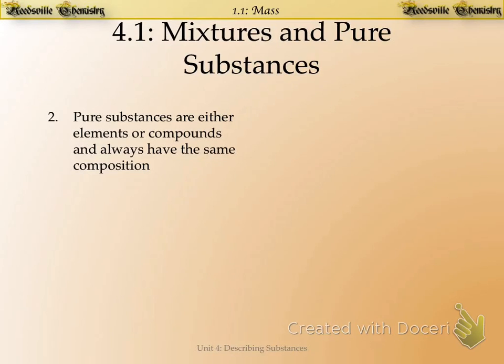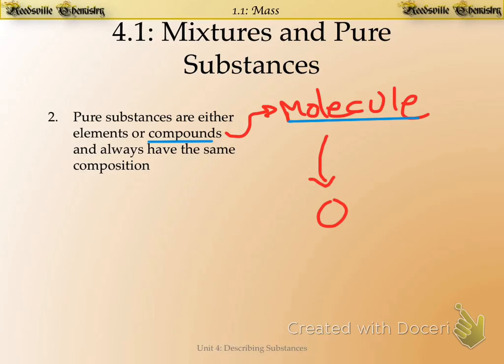Pure substances can be defined as either compounds or elements, and they always have the same composition. Now, in the POGIL, we also referenced something called a molecule, and you will notice that there is a definitive difference between the word molecule and compound. Just to reiterate, this would be an example of a molecule, O2.